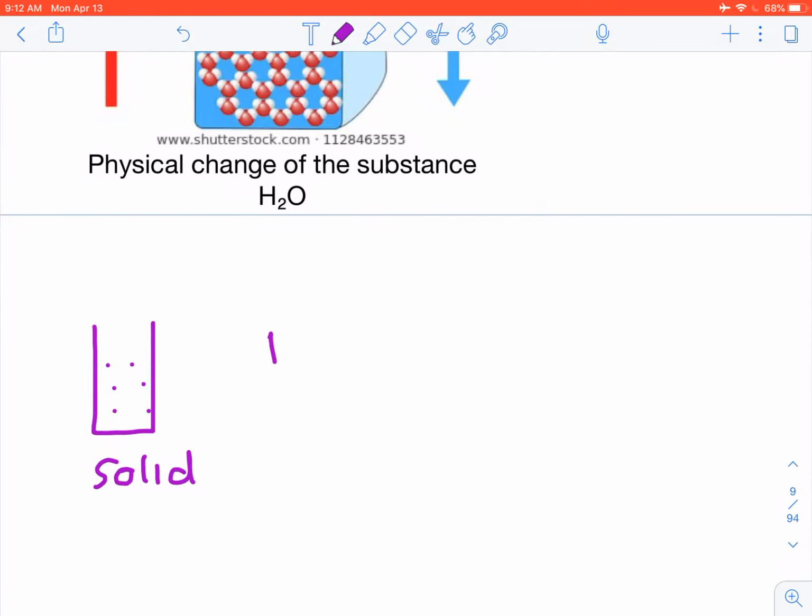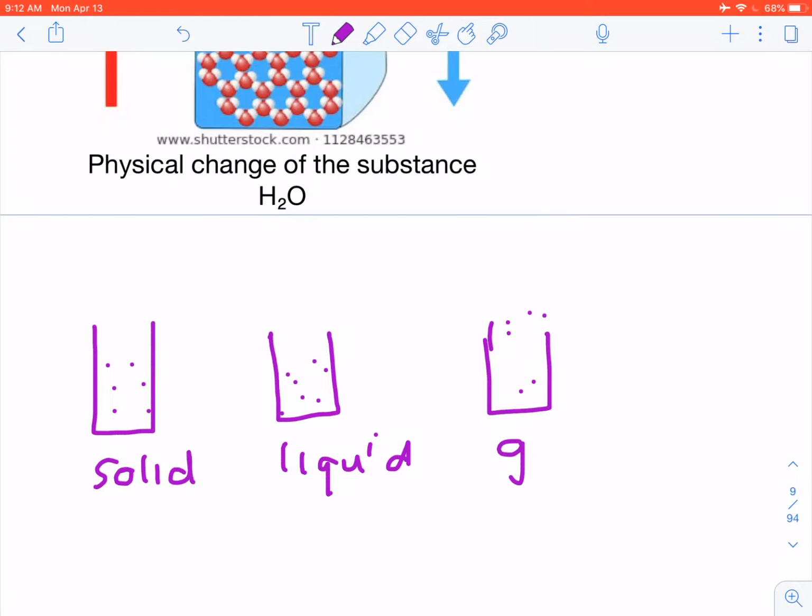And then we have our liquid, where there's a more random distribution. That's our liquid. And then we have our gas.